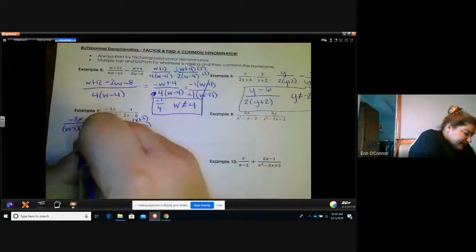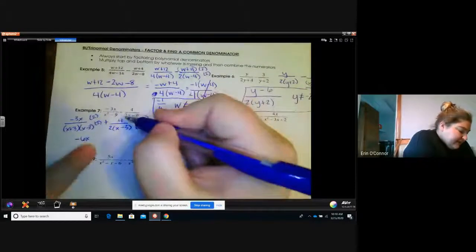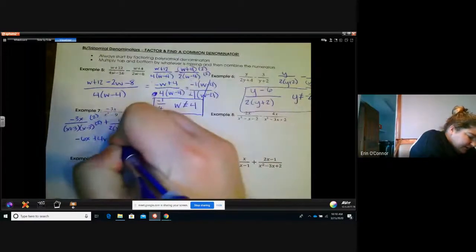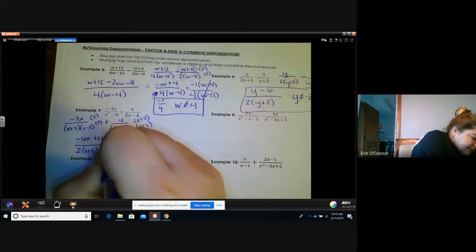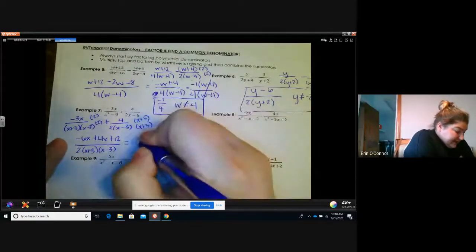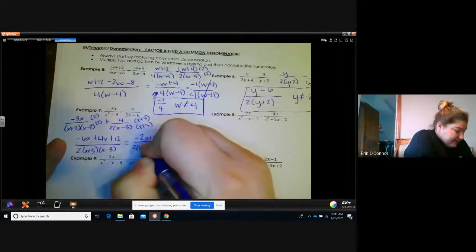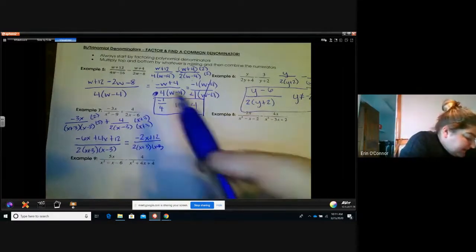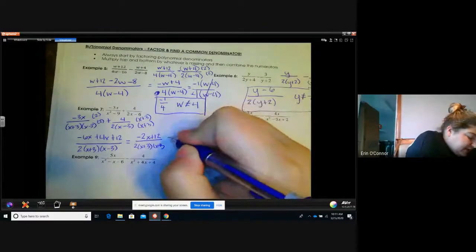So I'll get negative 6x. Negative 3x times 2 is negative 6x. 4 times this gives me plus 4x plus 12 over 2, x plus 3, x minus 3. Combine like terms, and I get negative 2x plus 12 over 2, x plus 3, x minus 3. I'm going to take out my GCF, which is a negative 2 on the top, just to double check.